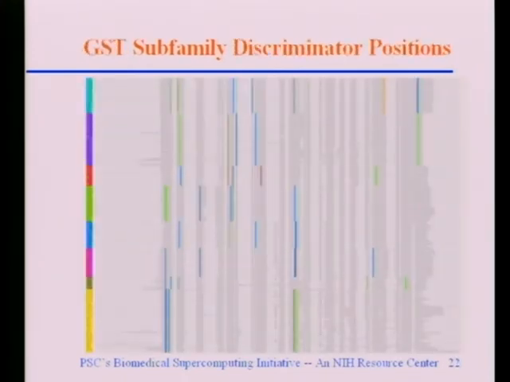This is probably the one slide where we need to maybe dim the light so you can see the colors a little bit. The point of this slide is that we have in here and in here and in here again more or less 3 clusters of positions, 3 or 4 clusters depending upon how you want to cluster things, of positions that have a lot of these discriminatory positions very close to each other along the sequence.